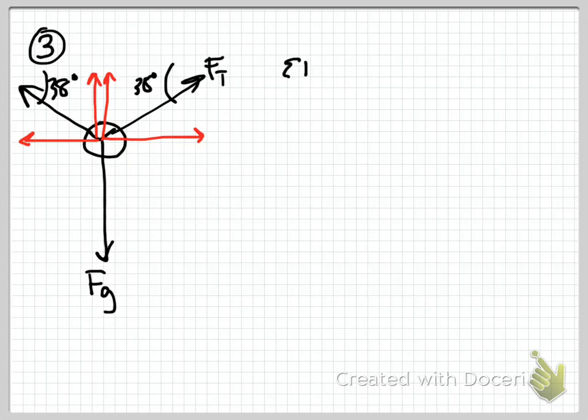If we do sum of forces on the x, we know that it's force of tension 1 on the x and force of tension x2, and they equal 0, so they're equal and opposite, but we don't really care much.